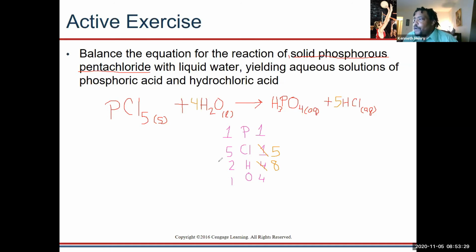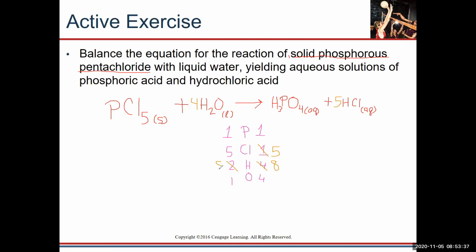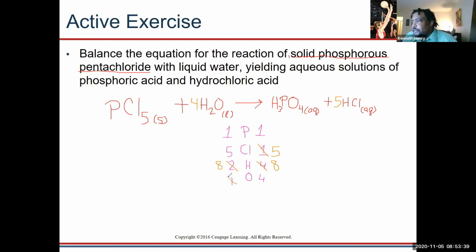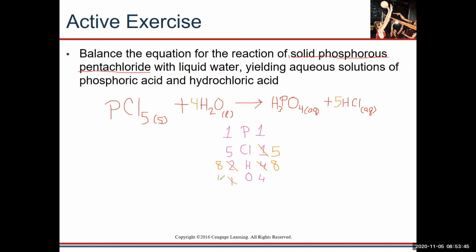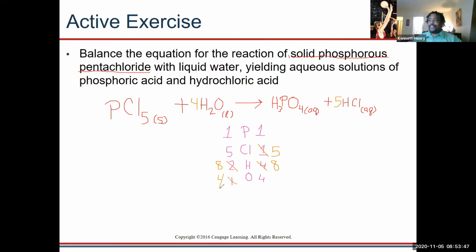Okay, so we have 4 in front of the water. So then that gives me how many hydrogens? 8. And how many oxygens? 4. Good job. Okay, is that balanced now? Yes.